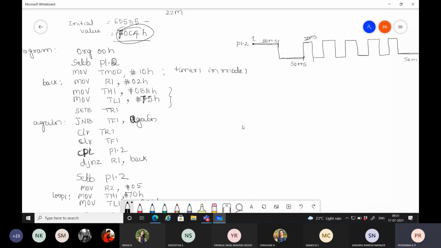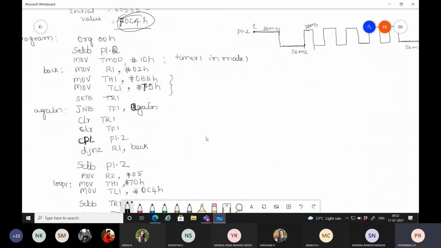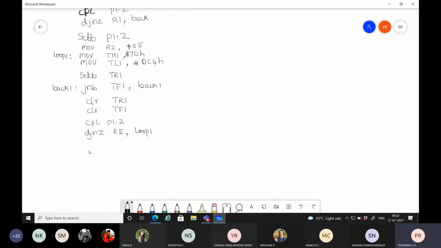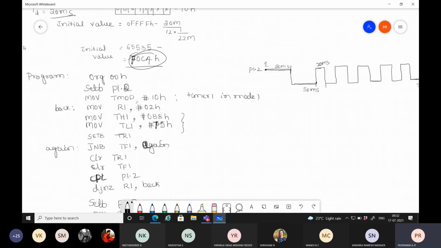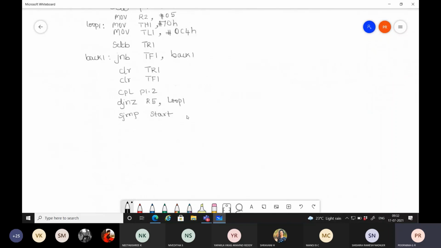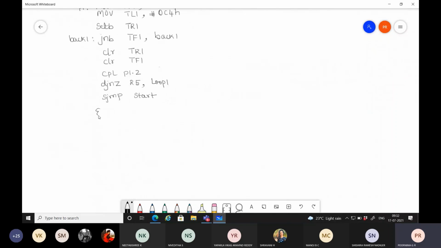So therefore, we have to go back to the program. So yes, jump to start. The start should be the very first instruction, the TMOD register or set B. So this one can be the start instruction. And the final instruction is supposed to be end. Is it clear, students?